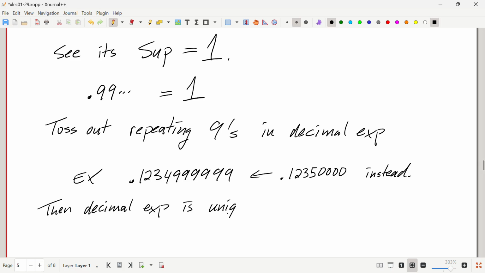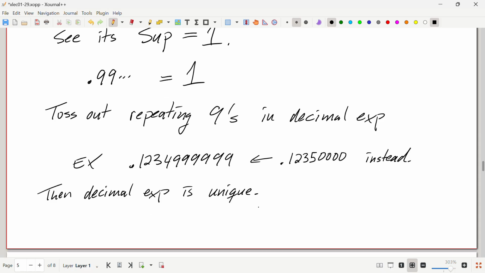And it's better to use the binary system than the decimal system, because then it's more transparent that you get uniqueness. So the book does it for the binary expansion, 0s and 1s. You don't have to worry about 1 through 8. A fun fact that's mentioned also is that a decimal expansion is repeating if and only if it's a rational number. I assume you saw that somewhere in high school also.